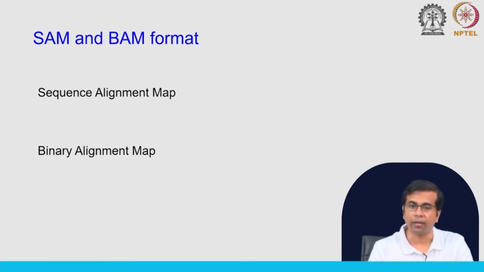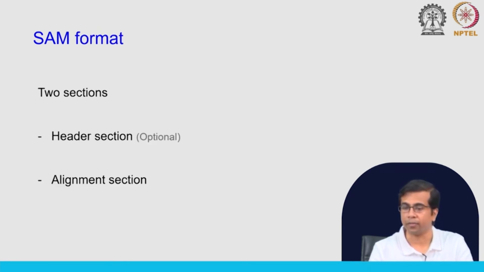Let's discuss the SAM format and what it contains, because this is the file that we will read. In a SAM file, you have two sections. The first section is the header section, which you will see at the top of the file, and this header section is optional. In some files, you may not see this header section at all, and you can also remove it yourself.